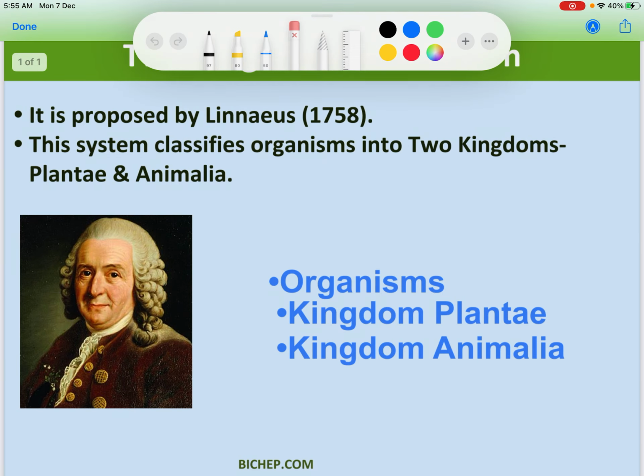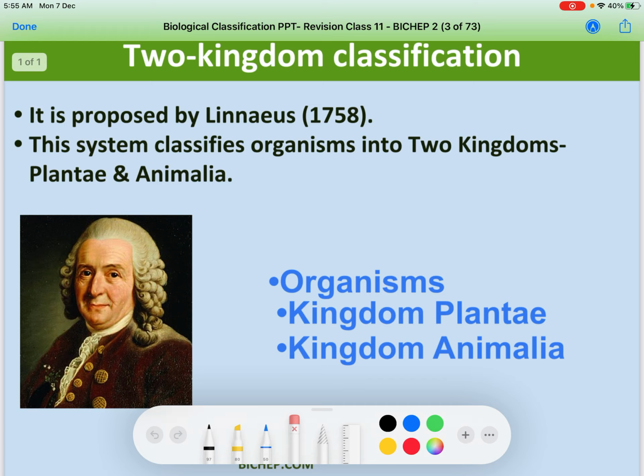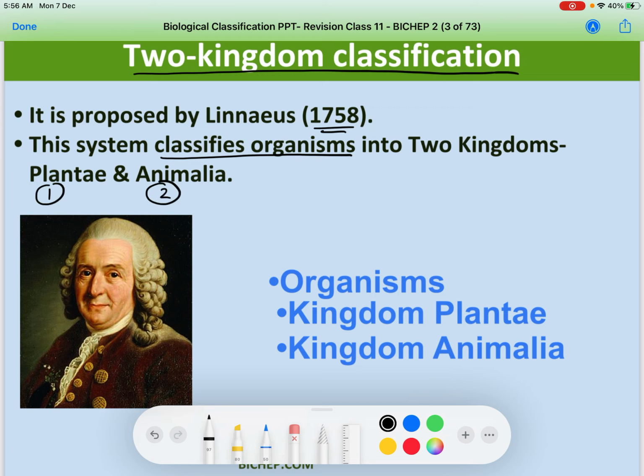Linnaeus was the first scientist who gave a more scientific type of classification, and he proposed the two kingdom classification in 1758. It classifies organisms into two kingdoms, number one, Plantae, and number two, Animalia.